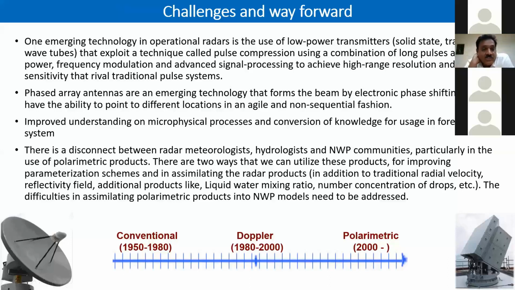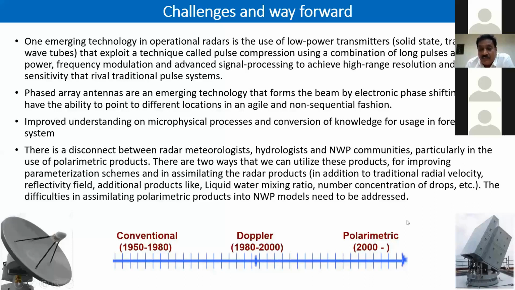The one which is challenging is phased array antennas. Phased array antenna technology is now an emerging technology in India. Outside, it started in 2003 itself in the US and other places. They have some phased array radars, but none of these phased array radars are operational; they are still in research mode.